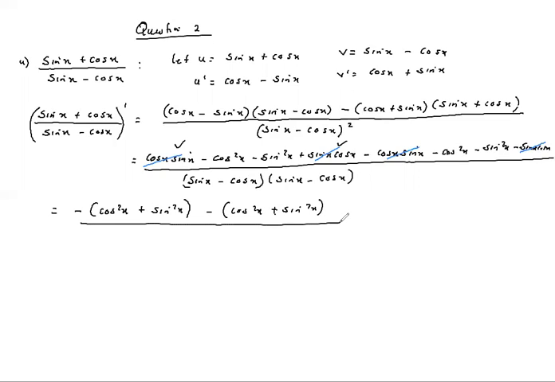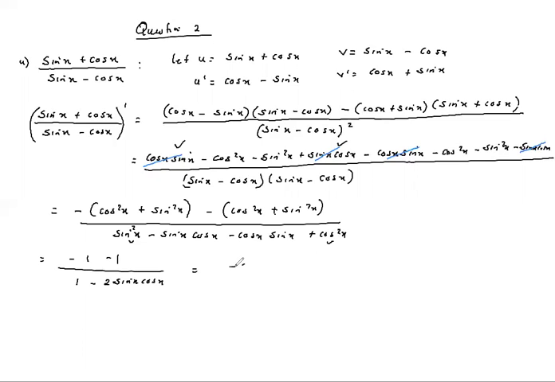Again, we factored another negative for cos squared x plus sine squared x. And divide by, if you square it down here, we have sine squared x minus sine x cos x minus cos x sine x plus cos squared x. So here on top we have negative 1 minus 1 over sine squared x plus cos squared x. Again we have 1 minus these two are the same, so we can add them and we get sine x cos x.